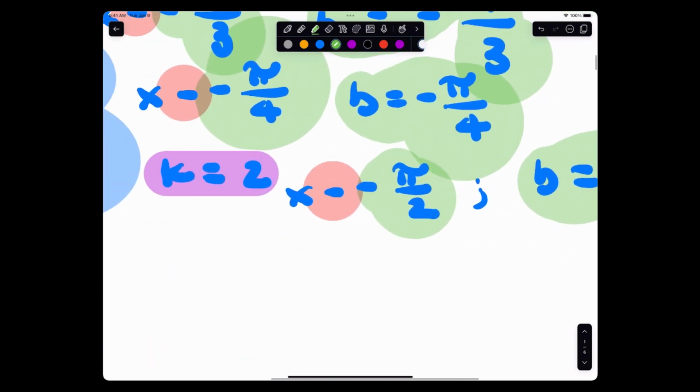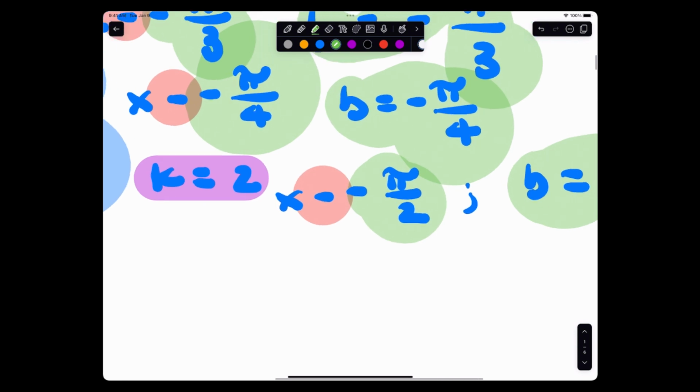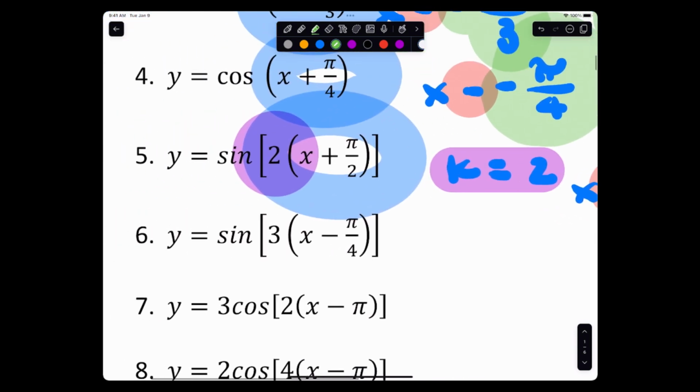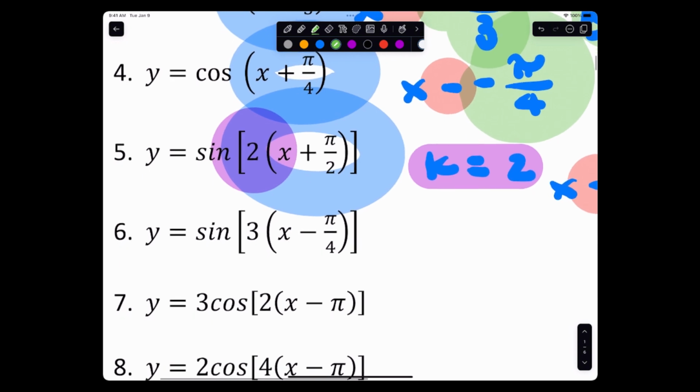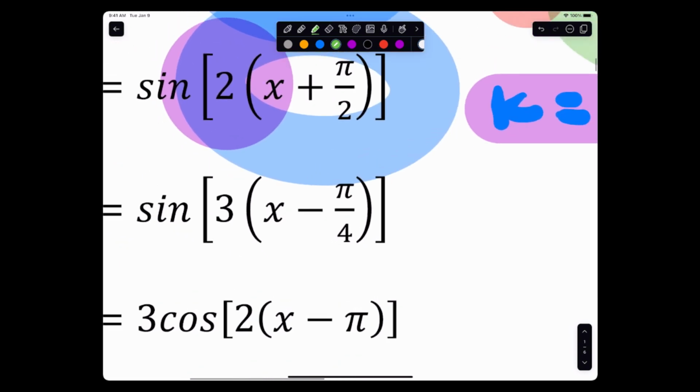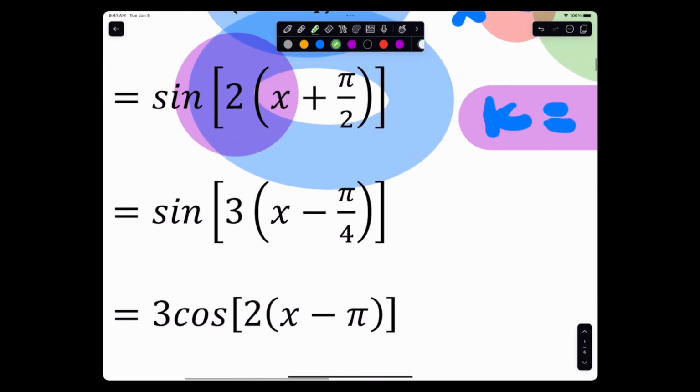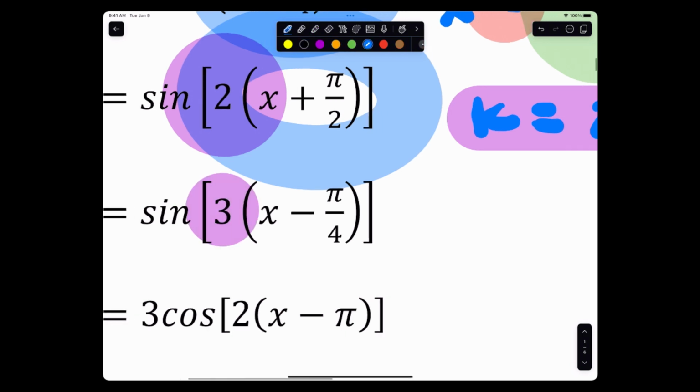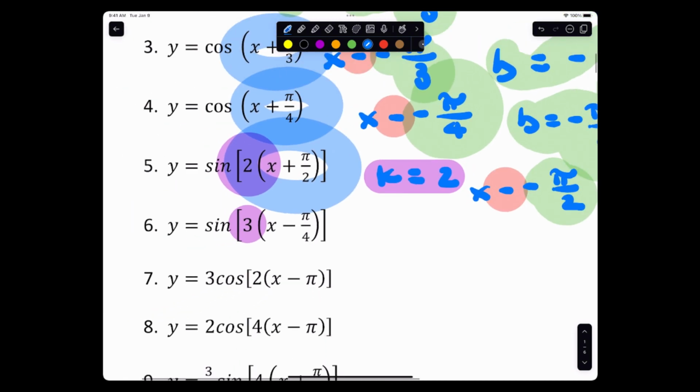You guys know how to read this? Is that a big deal, how to read? Yes. Read the graphing format. What are you guys going to tell me about the next one? What about these, okay? We're reading this. What's my K value in purple? What's K here? Is K going to be what, 3? Is that true?